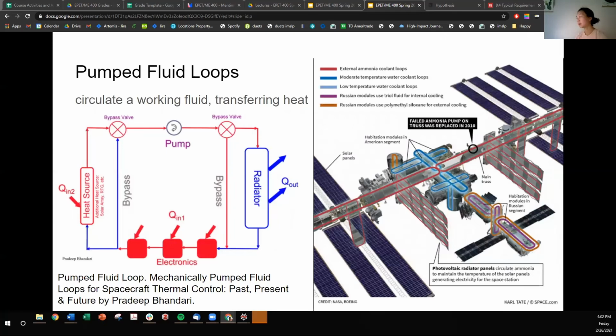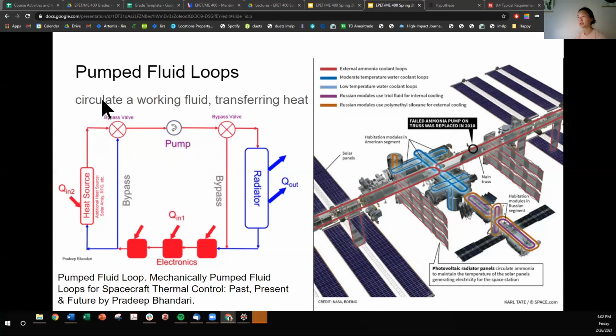Pumped fluid loops. We have seen this picture before on the ISS. The difference between the heat pipes and the pumped fluid loops is that a heat pipe is totally passive, whereas these pumped fluid loops rely on this pump, which is an active component.